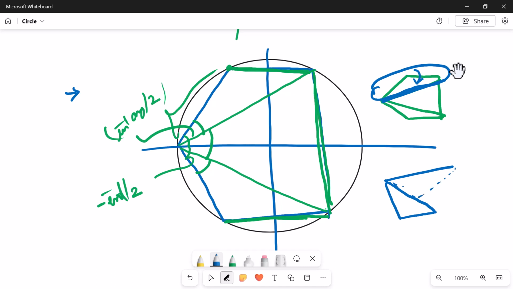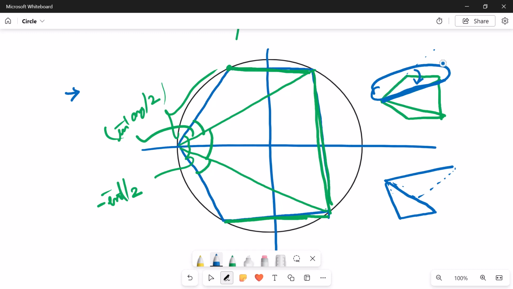So this side is rotated and overlapped onto this side. If the overlap would not be perfect, I mean, if this side would have been bigger, then the angle would remain the same, right? If I extend this side like this, then the angle would not change.